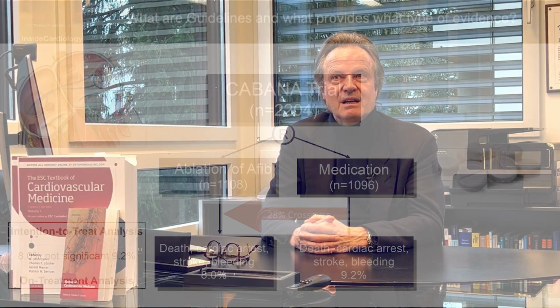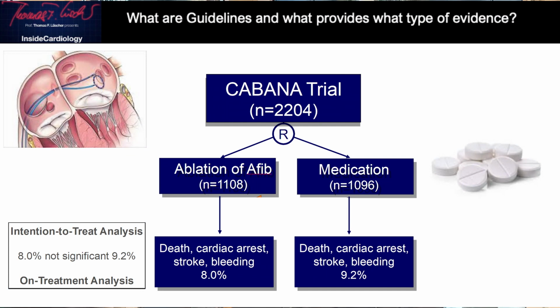In the Cabana trial, they recruited 2,204 patients, either to ablation of atrial fibrillation or medication, according to the decision of the treating physicians. And the intention to treat analysis showed an 8% versus 9.2% difference, a little bit less with atrial fibrillation of the overall MACE, and this was not significant.